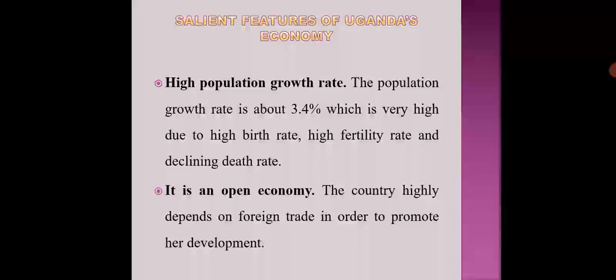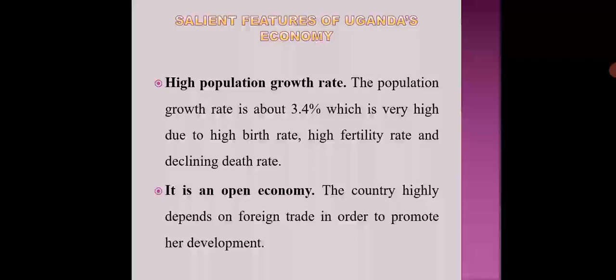So this will increase the population in the country, characterizing it as a high population growth economy. So in Uganda, the population grows at a very high rate.